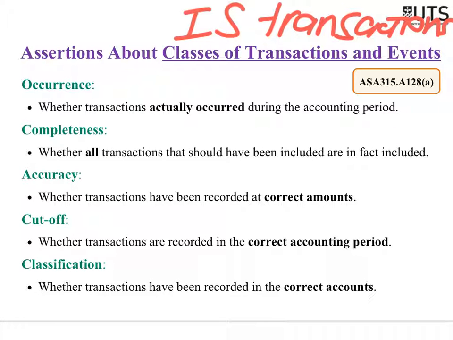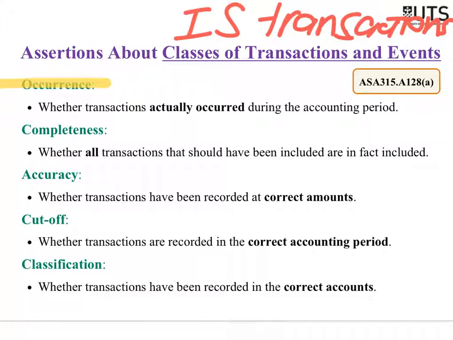First one, the first audit assertion, is occurrence. What does that mean? Did the transaction really occur? Did the sales transaction really take place? Was it real? Was the sale really made to a real customer? Now you might be thinking, what are you getting at? I was going to do an exercise with you, but I'll just mention it anyway.